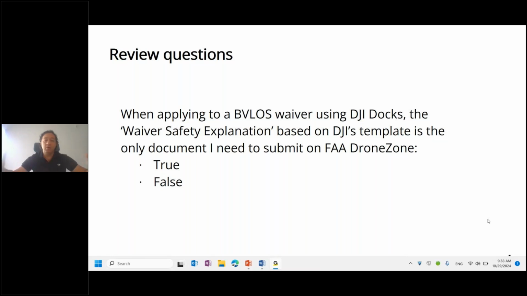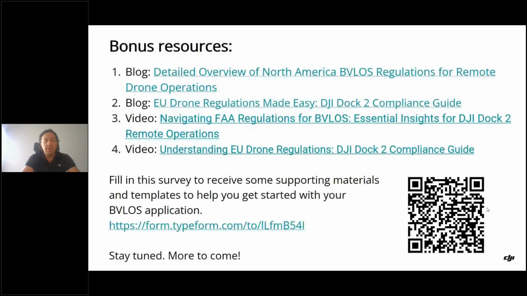It has all the meat inside: safety assessment, operational description, your system, all that you need to really describe what you're planning to do. But at the moment of submission, that's not the only document you need to submit. You need to submit this plus the supporting documents that were described in this presentation, essentially user manuals.